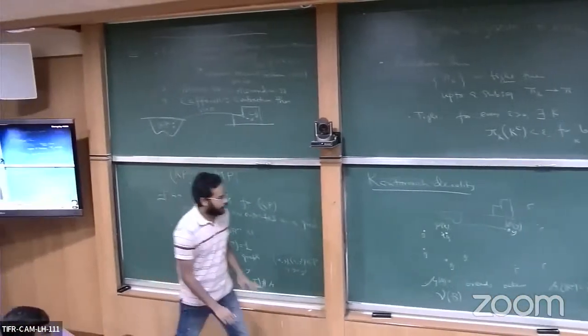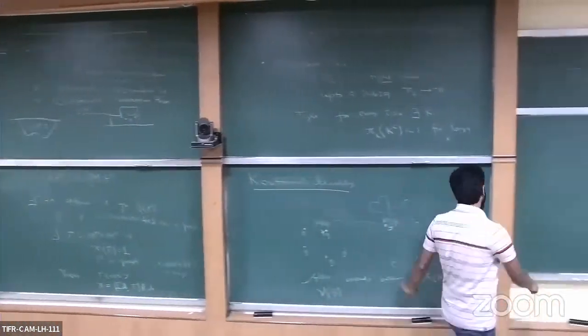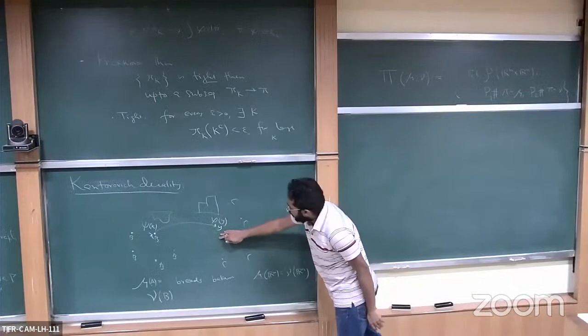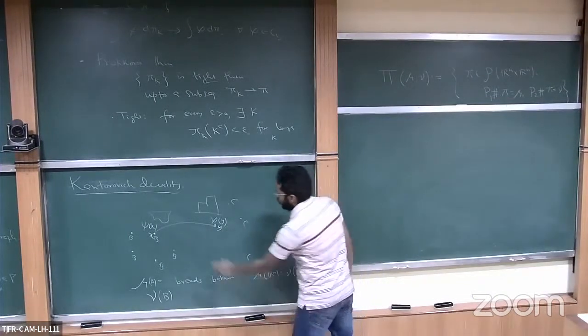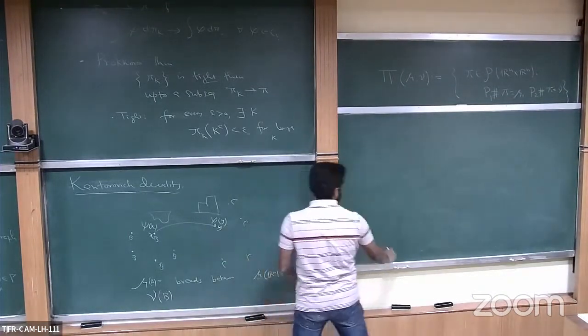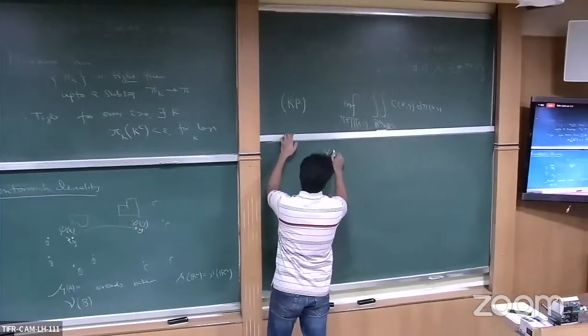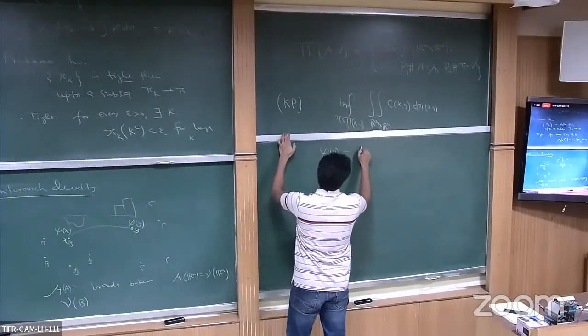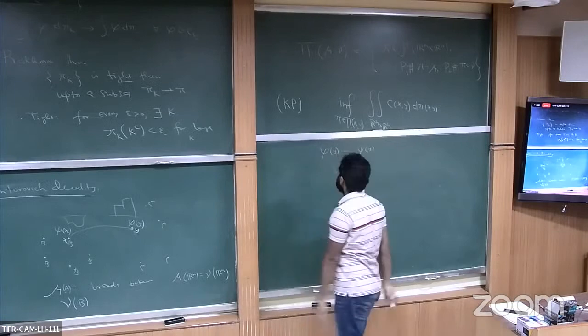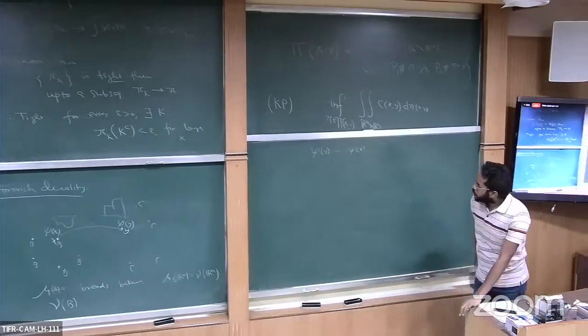So he will just buy bread from places and sell it to some other place. And his profit is basically psi of y minus psi of x. So this is his total profit.